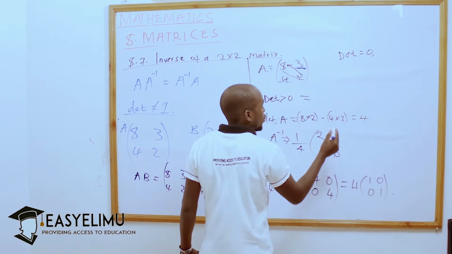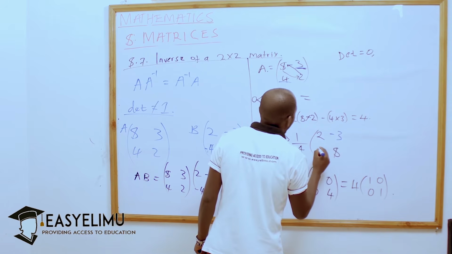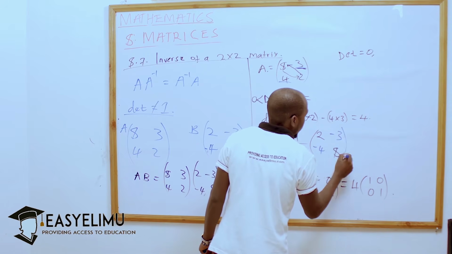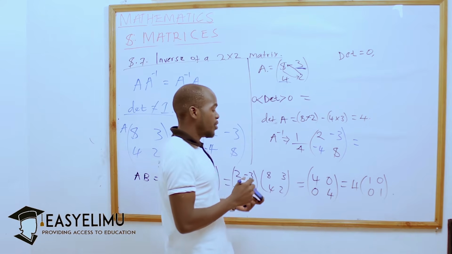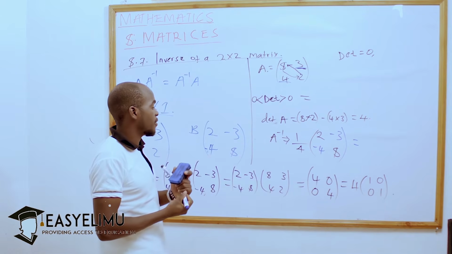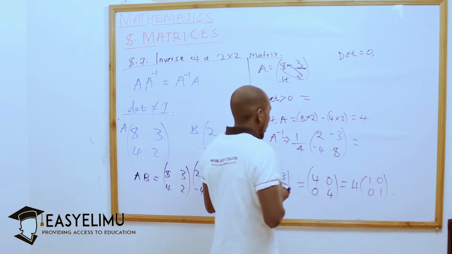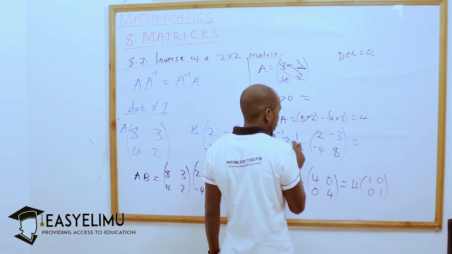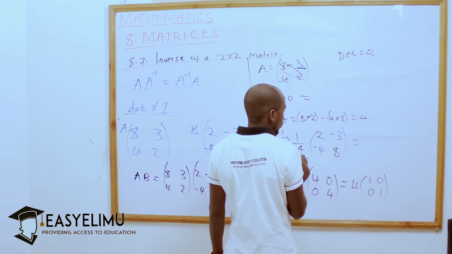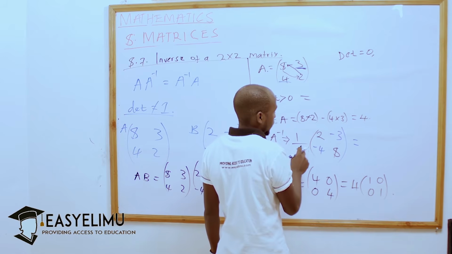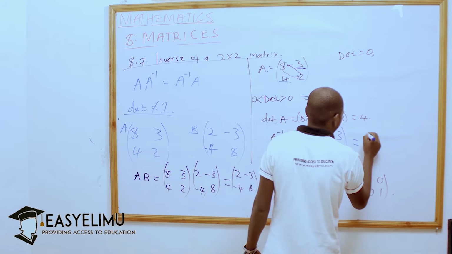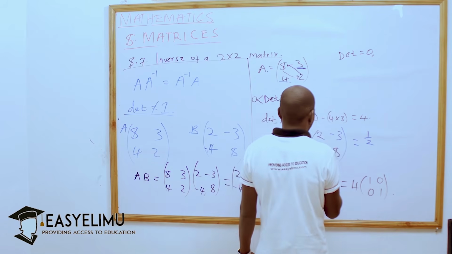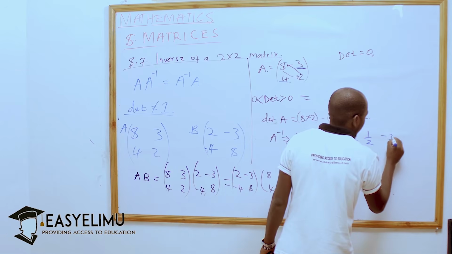It was positive, now we change to negative 3 and negative 4. If we do that, we shall find the inverse of that matrix, and it shall be a quarter multiplied by 2. You are going to find a half. Here it will give you negative 3 over 4.